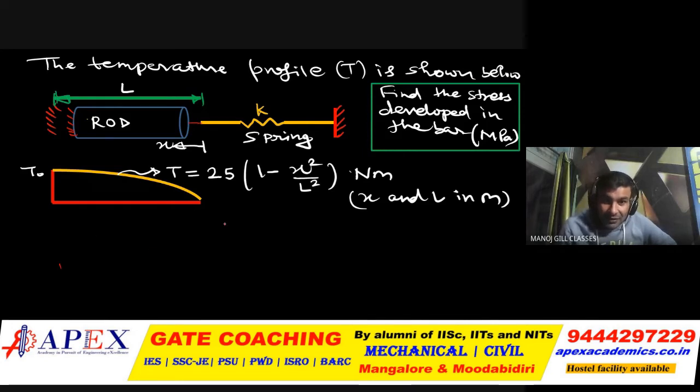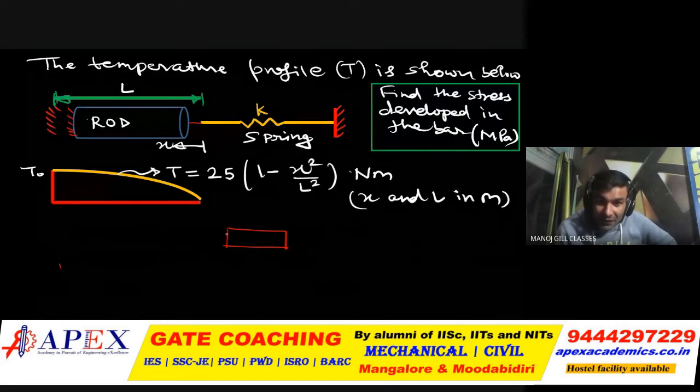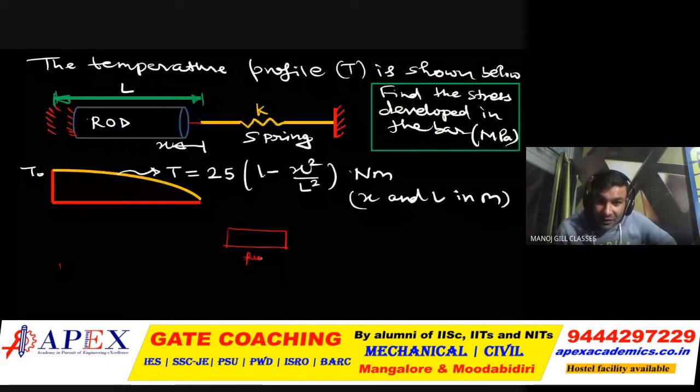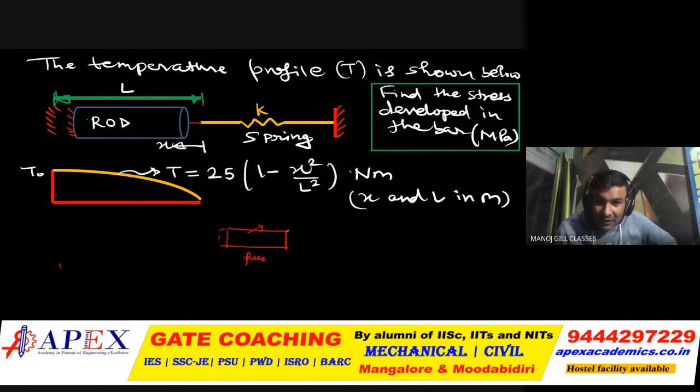So first let me show you. Suppose this is a bar, and first let it be free, in a free state, not fixed. What will happen due to the temperature change in the bar? It will extend, so there will be a change in the length of the bar and it will elongate. Now what is happening due to this fixation?